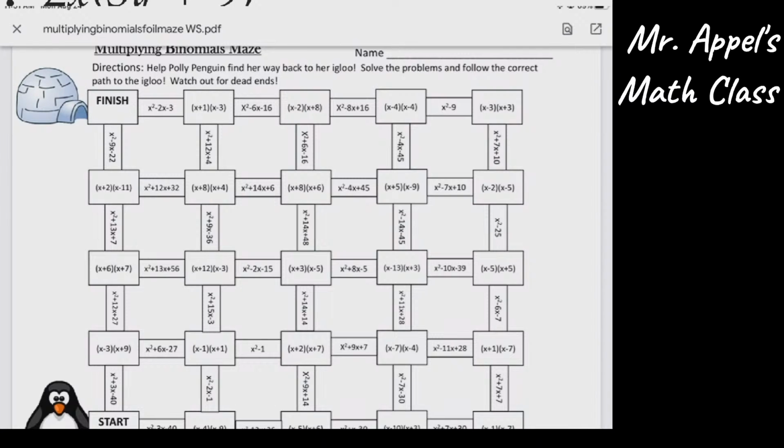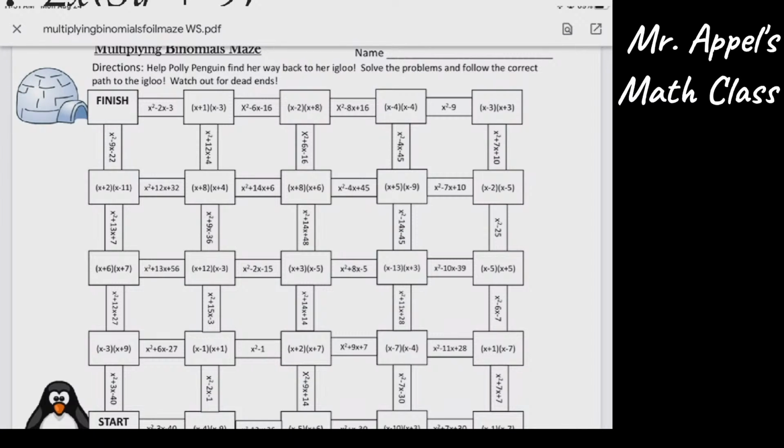Okay, we need some practice. Here's a worksheet. And then I looked at it like, no, this is terrible. This is an awful, boring worksheet. So I went back and I found some fun worksheets. It's a little bit goofy, but that's what makes it interesting. You're trying to help Polly Penguin find her way back to her igloo. Down the bottom left corner.